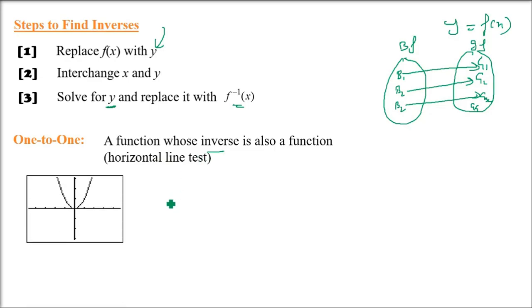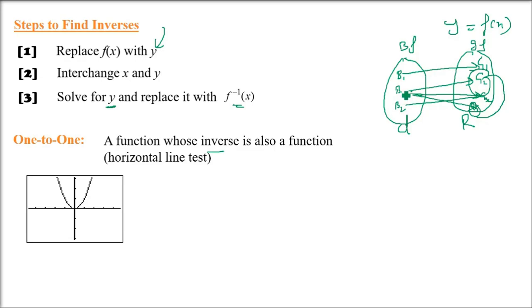How to check this? We check using the horizontal line test. Until we find out that it is 1 to 1, we won't be able to talk about inverse, because we have to interchange the domain and range. Domain and range will be interchanged for an inverse function. That is, if we just take this scenario, when we take the inverse, it will be two girlfriends having one boyfriend.